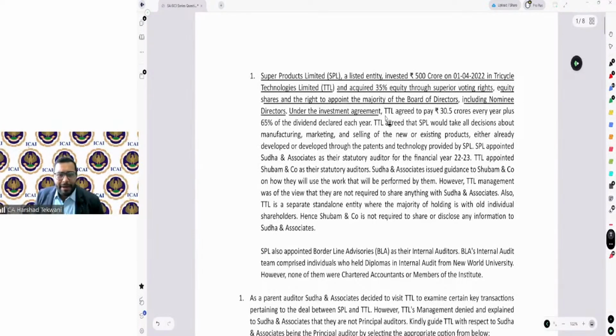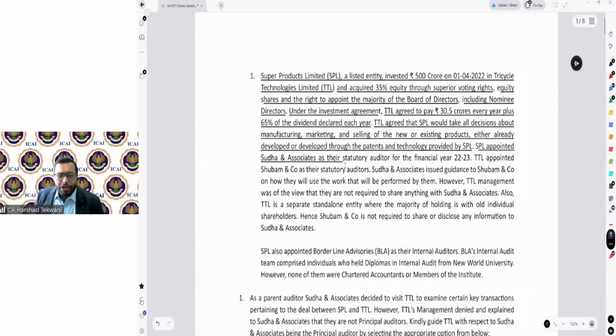Under the investment agreement, TTL agreed to pay 30.5 crore every year plus 65% of the dividend declared each year. TTL agreed that SPL would take decisions about manufacturing, marketing, and selling of new and existing products, either already developed or developed through the patents and technology provided by SPL.